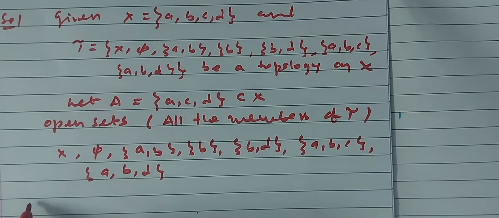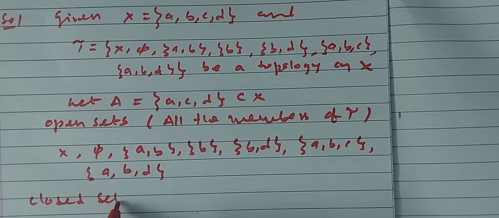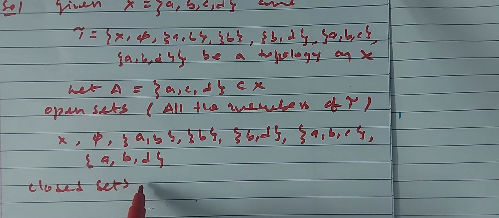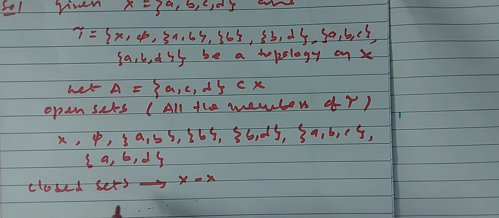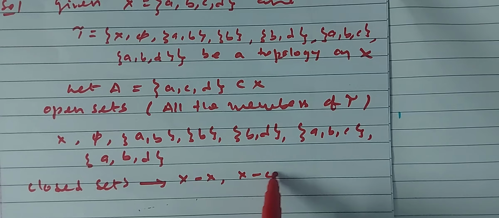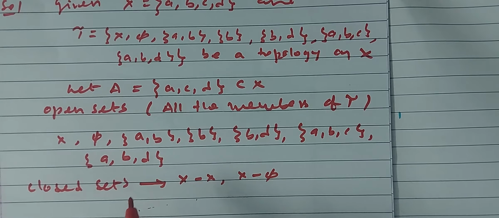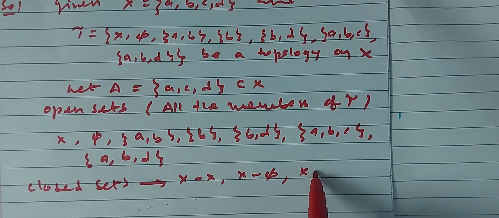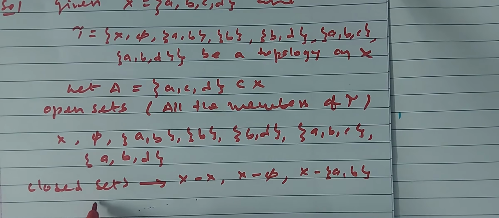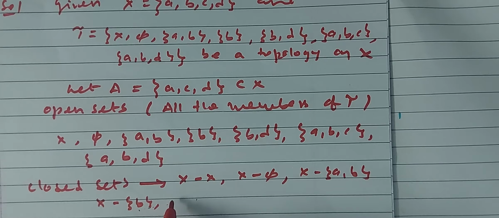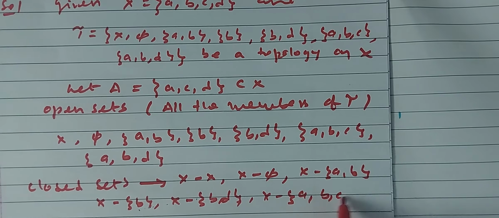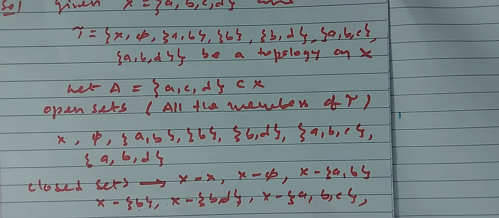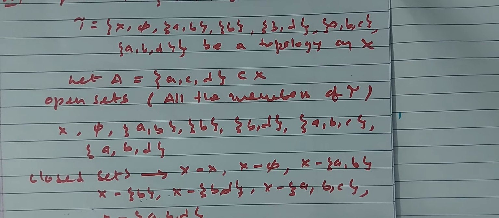Next, closed sets. So what are the closed sets? They are X minus each member of τ. That means we have to subtract all these sets from the set X. So X minus {a, b}, X minus {b}, X minus {b, d}, X minus {a, b, c}, X minus {a, b, d}.